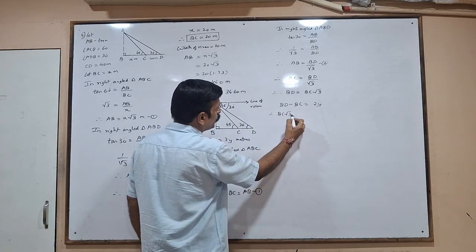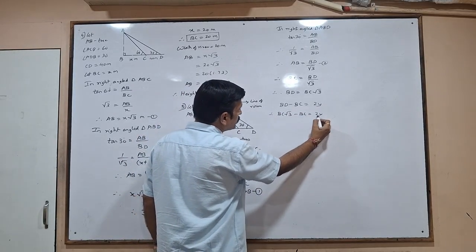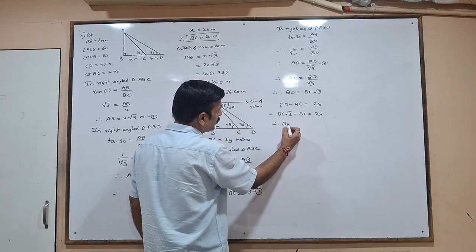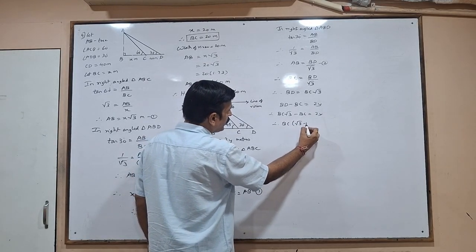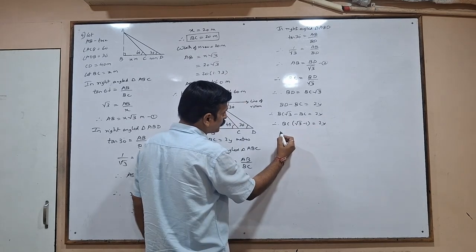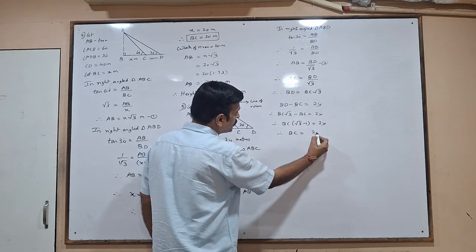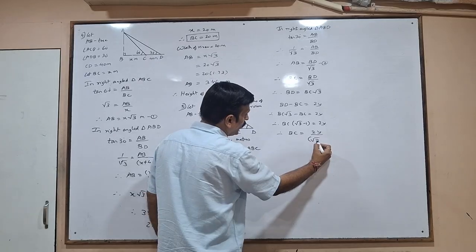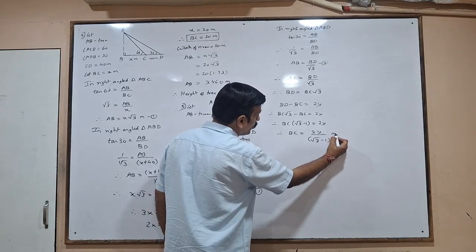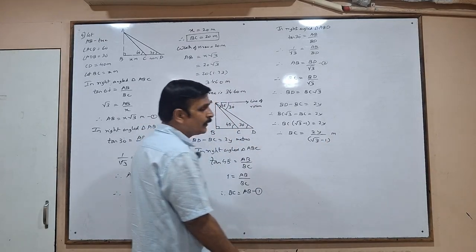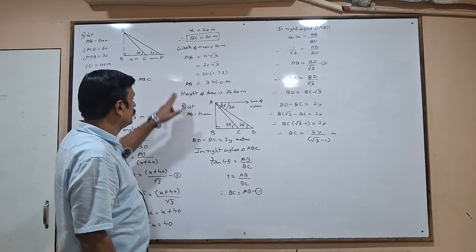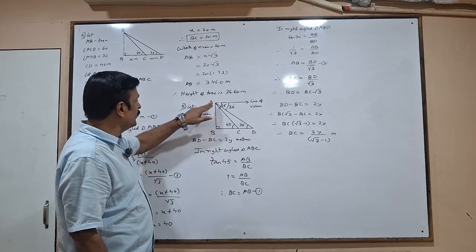So BC root 3 minus BC is 2y. So BC bracket root 3 minus 1 is 2y. So BC is 2y upon root 3 minus 1 meter. But we are not interested in BC, we are interested in AB.